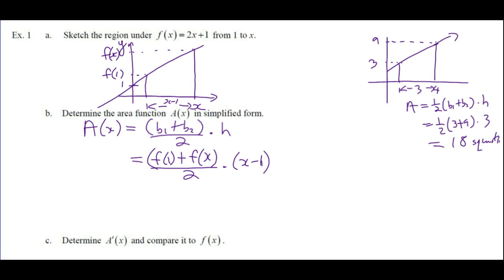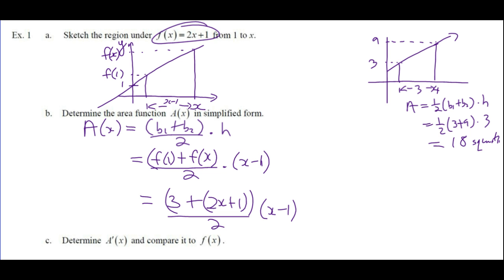Now, can we evaluate any of those? Is there a value for f of 1? Yeah, it's 3. Okay. So we get 3 plus, now we can get an expression for f of x, which is 2x plus 1, right? Says that right there. So plus 2x plus 1 over 2 times x minus 1.